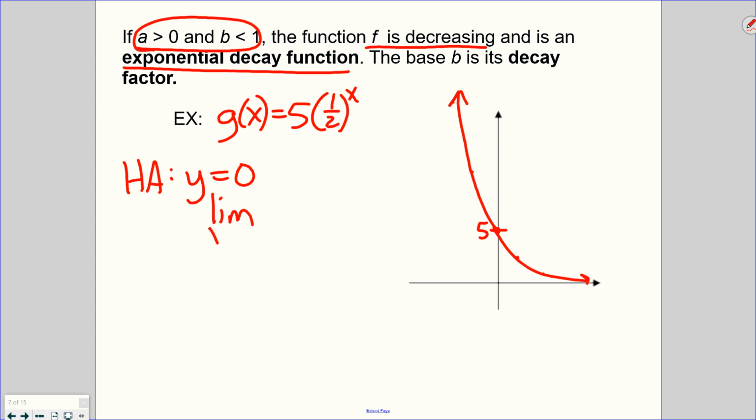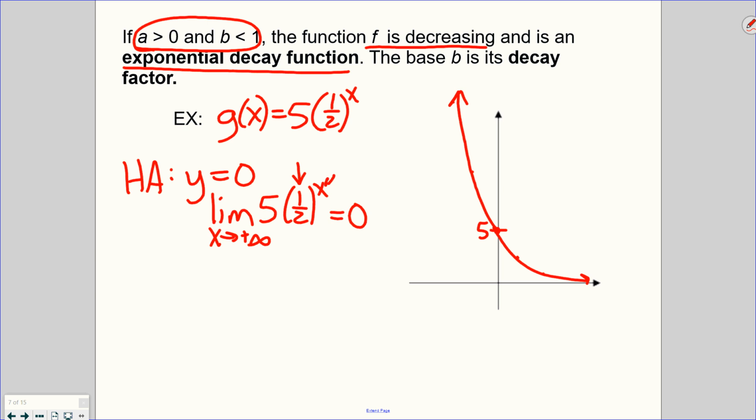Now, if I take the limit as x goes to positive infinity of this function, I will get 0. The reason we get that, if we were to think through this limit, is you're going to take a number that is less than 1, between 0 and 1, and multiply it repeatedly times itself over and over and over again.